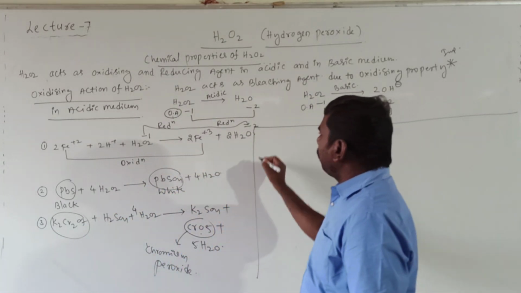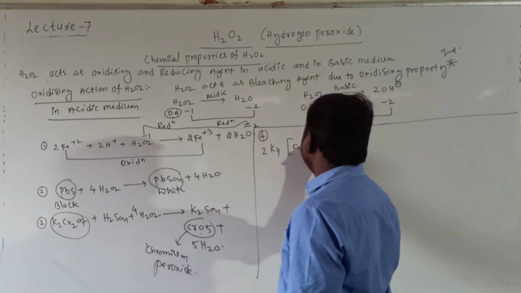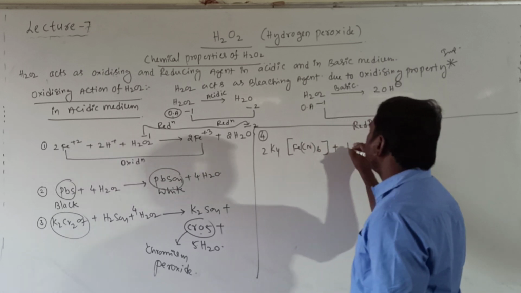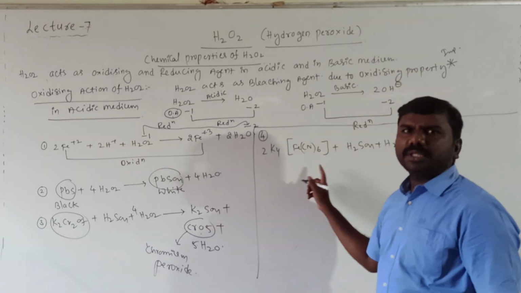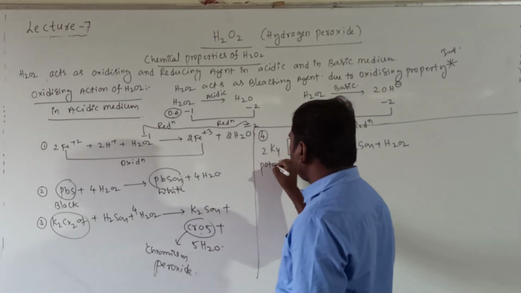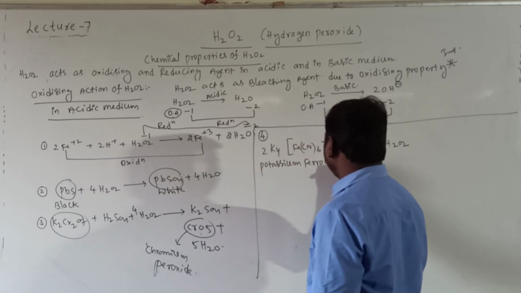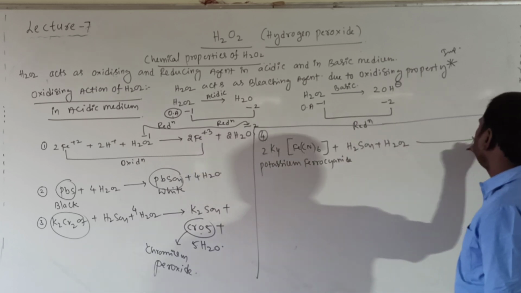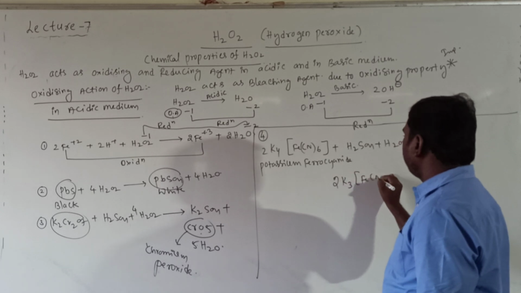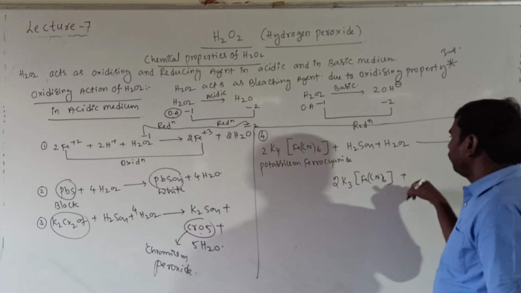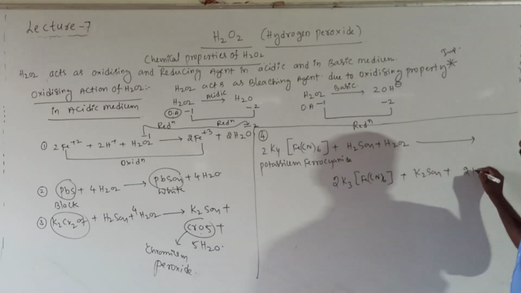Fourth, K4Fe(CN)6 plus H2SO4 plus H2O2. Potassium ferrocyanide. Here it is, then it is converted into 2K3Fe(CN)6 plus K2SO4 plus 2H2O.